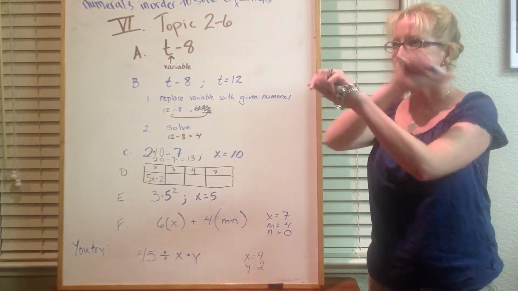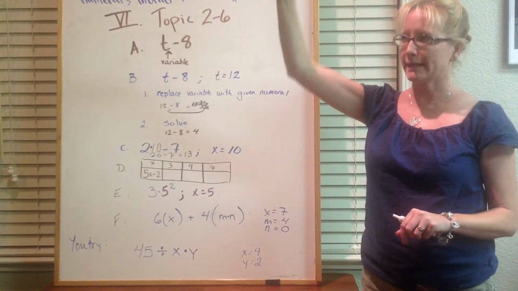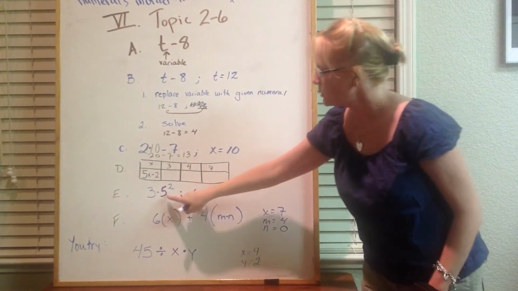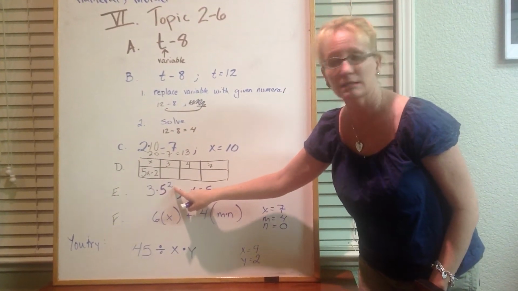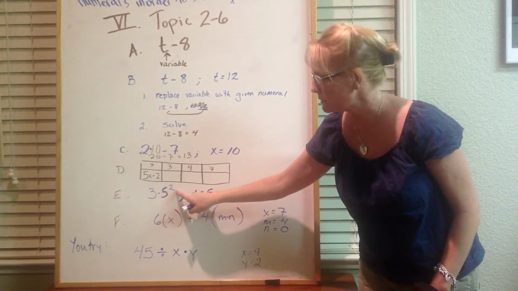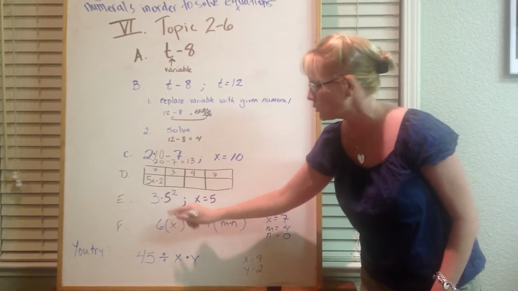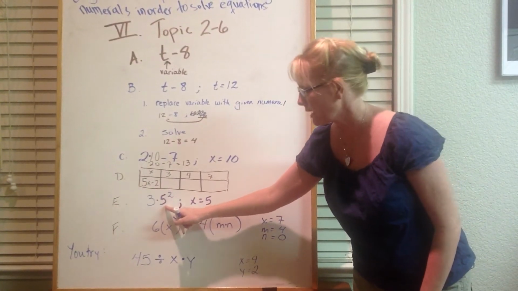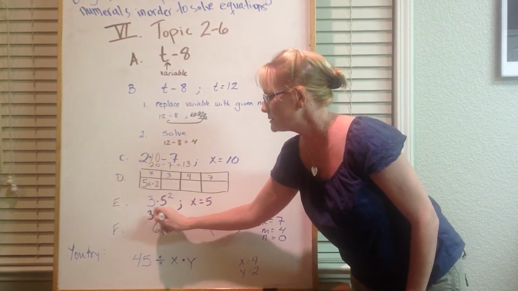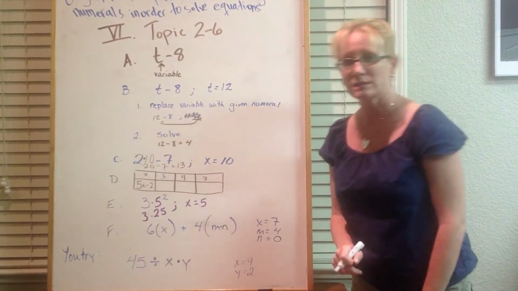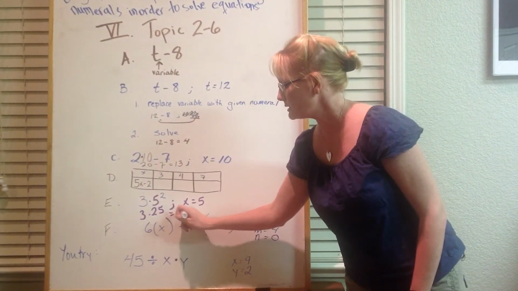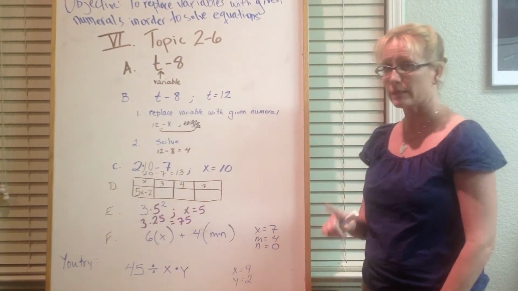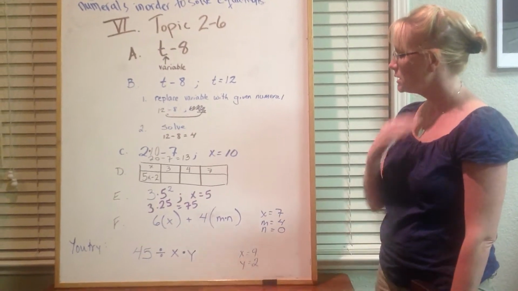Now, should I multiply first, or should I do my exponent first? First you do the parentheses, exponent. Oh, that's right. So what is 5 squared? That doesn't mean 5 times 2. It means the base written 2 times, or 5 times 5. What is 5 times 5? It's 25. So now we do 3 times 25, and 3 times 25 equals 75. That's a completely different answer than if you did it in the wrong order. So make sure you follow the order of operations.